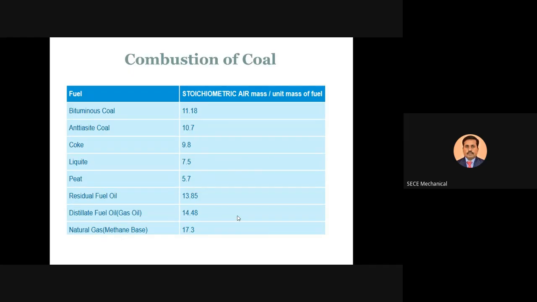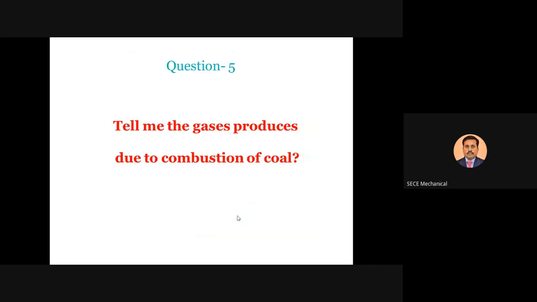Now we'll come to the point. While coming from the furnace, different types of gases come out from the furnace area. They come through the chimney. The gases are carbon monoxide, carbon dioxide, and NOx, because nitrogen is present in the air.